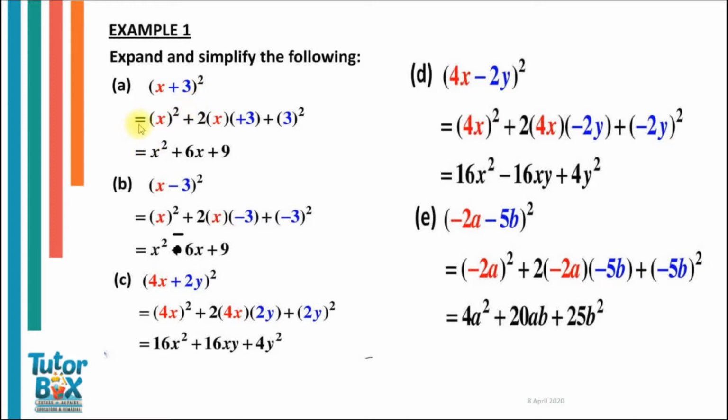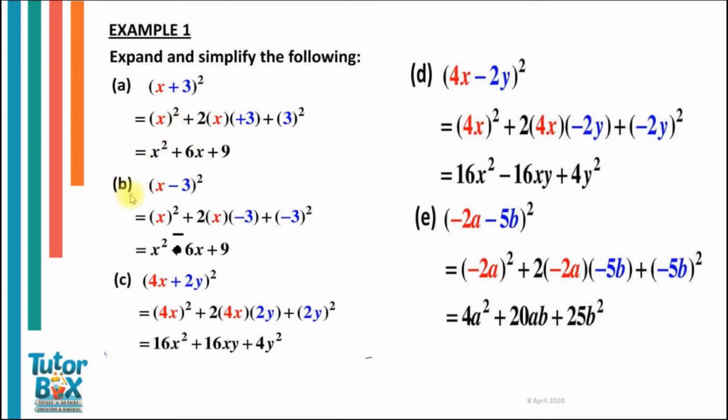But then we know that this will be the first term squared plus 2 first term, right, times the second term. Remember, there's a reason why I put the plus 3 there, okay? I put the plus 3 so that you know that the number actually goes with the sign, okay? And then plus 3 squared. Okay, so this will be equal to x squared plus 6x plus 9.